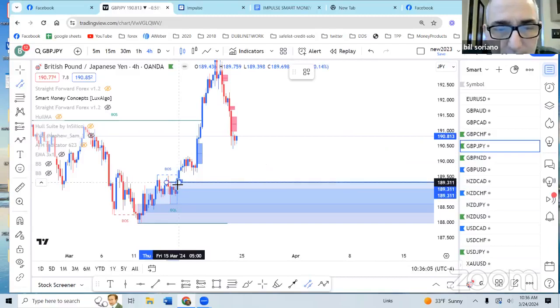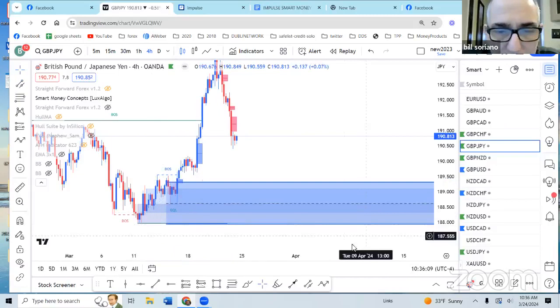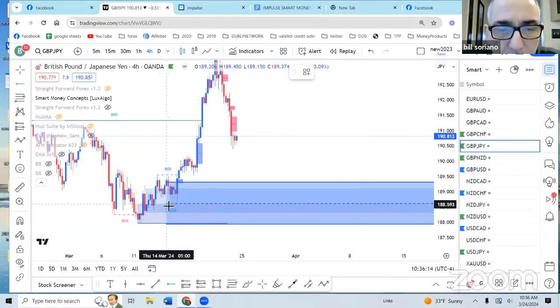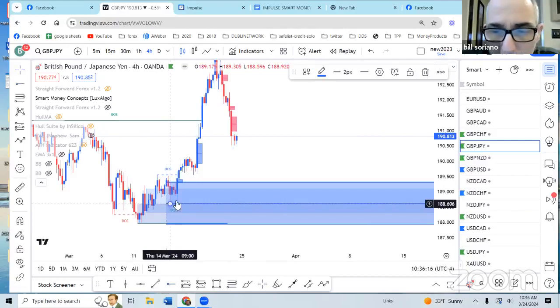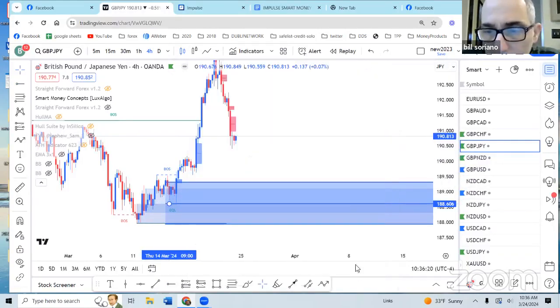It's free. So I'm just going to do the whole thing, and I'm going to put the alert at the middle of all of those order blocks. That's going to be at 188.606 for GBP JPY.